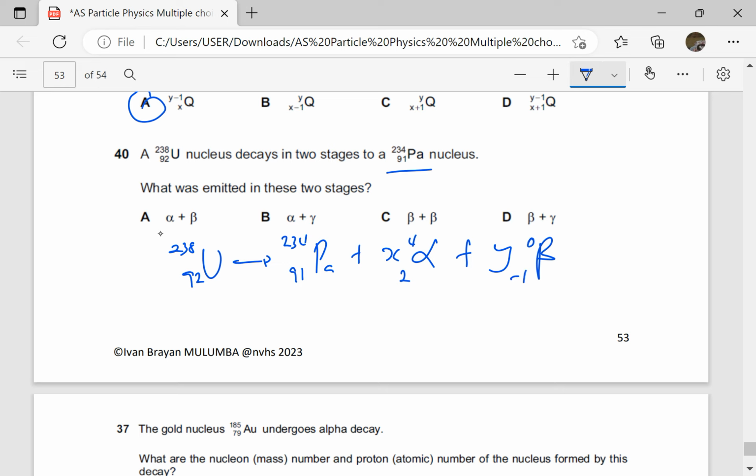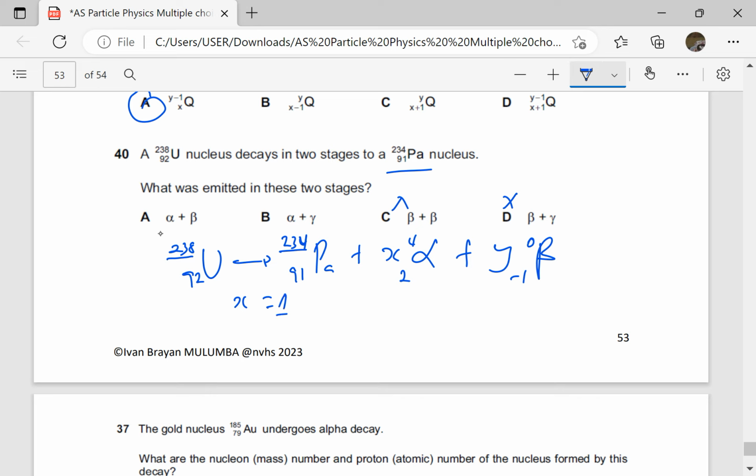So we can find the number of alpha particles because this reduces by 4. Beta particles do not affect the number of nucleons, yet it has reduced. So C is wrong and D is also wrong, because beta and gamma don't affect the number of nucleons, yet the number of nucleons has reduced by 4. So one alpha particle must have been emitted, X is equal to 1.